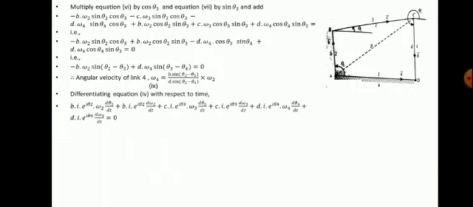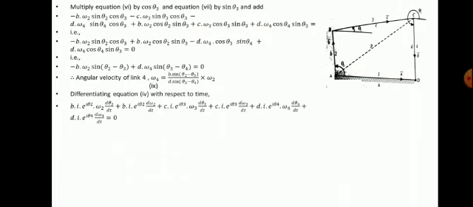Therefore, minus b omega 2 sin theta 2 cos theta 3 minus c omega 3 sin theta 3 cos theta 3 minus d omega 4 sin theta 4 cos theta 3 plus b omega 2 cos theta 2 sin theta 3 plus c omega 3 cos theta 3 sin theta 3 plus d omega 4 cos theta 4 sin theta 3 is equal to 0. Now similarly, minus b omega 2 sin theta 2 cos theta 3 plus b omega 2 cos theta 2 sin theta 3 is there.